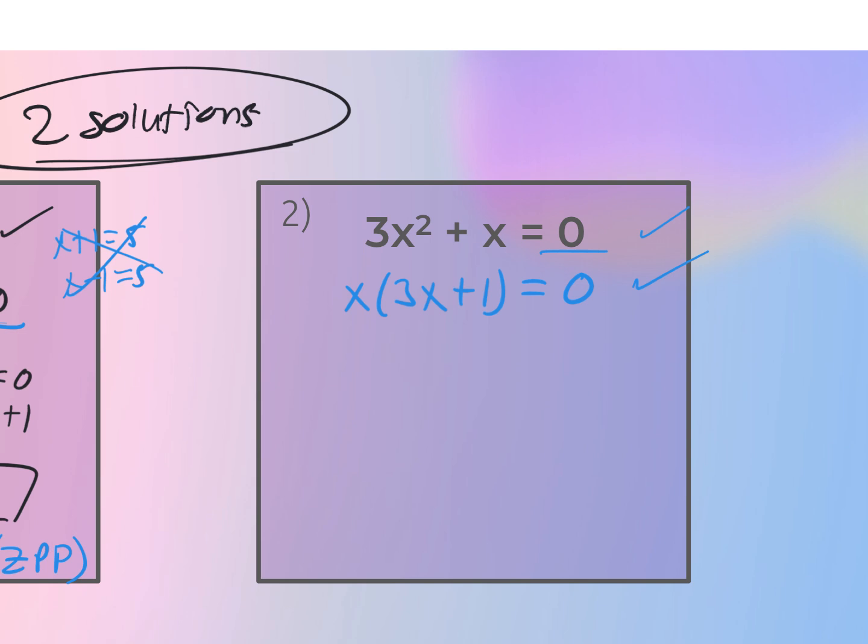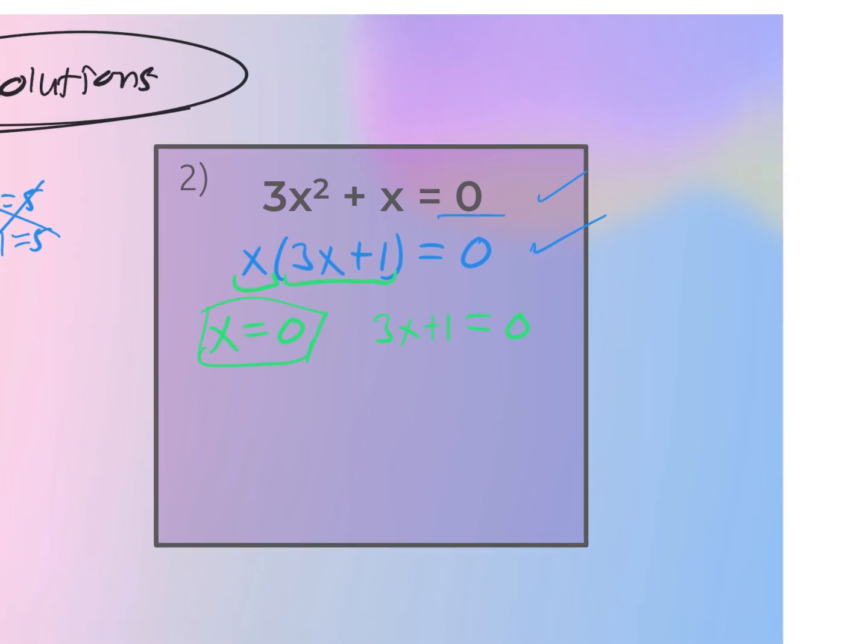So now what we want to do is set each factor equal to 0. So we set x equal to 0, and 3x plus 1 equal to 0. Now, x equals 0, there's nothing we need to do there. This is already one of our solutions. As long as we have x by itself, x is allowed to equal 0.